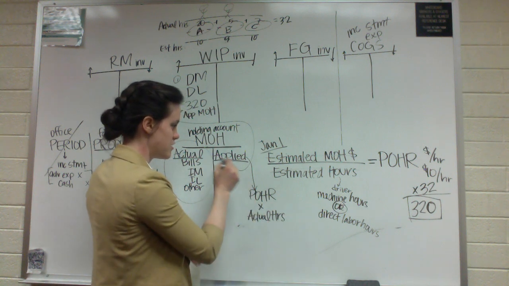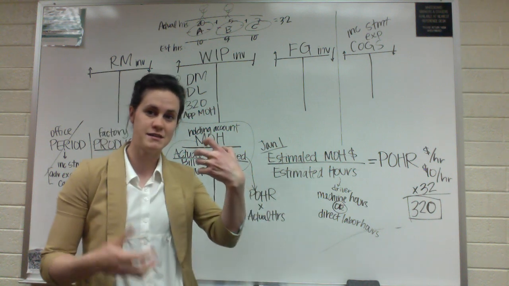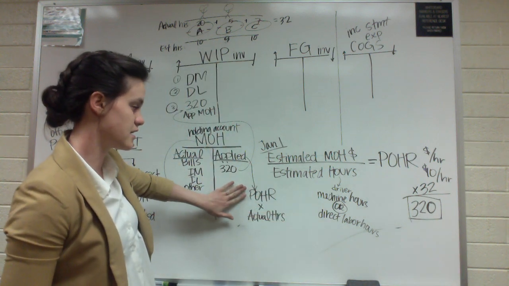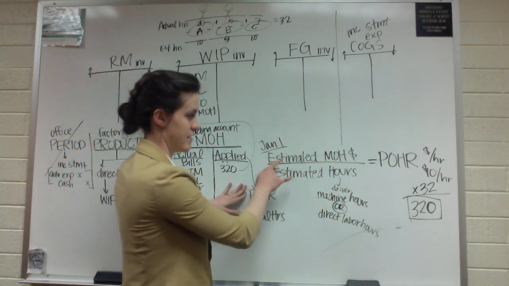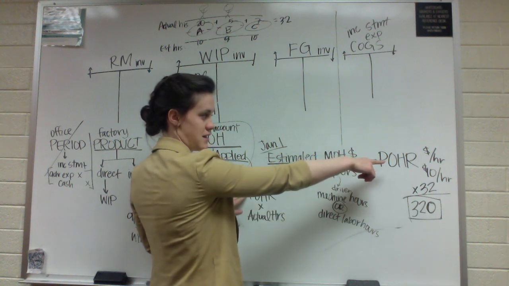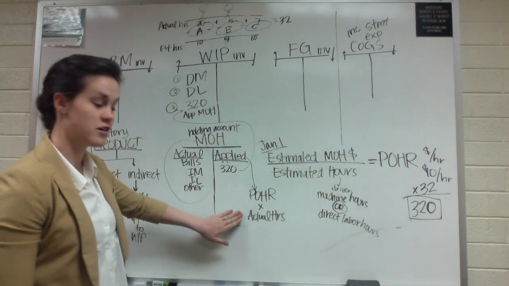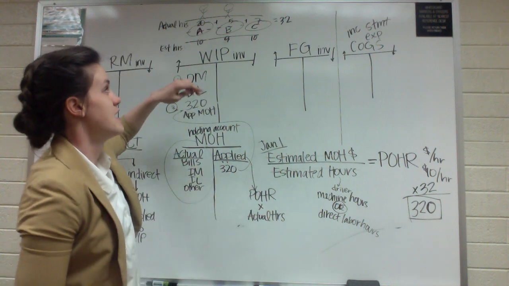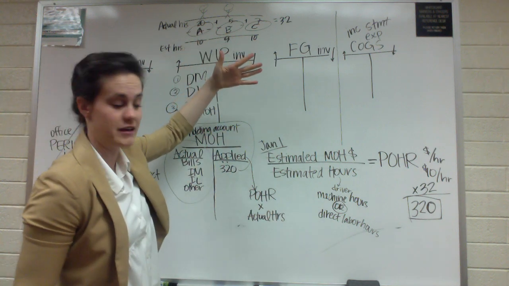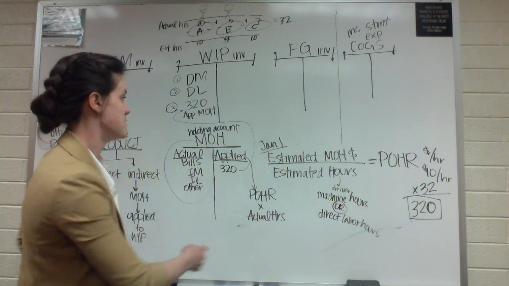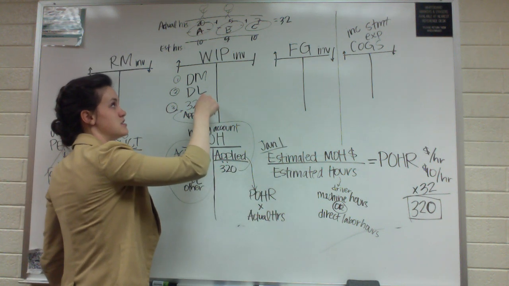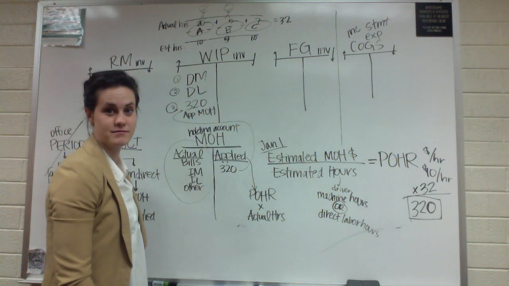But your applied number is where your estimates and your actual meet, okay? So your estimates are contained in this predetermined overhead rate. Remember, you took the estimate over the estimate to get there. Now you're going to multiply that by the actual hours that are happening on your belt, because that's going to allocate them more appropriately. And that's going to give you how much you're going to actually apply into this WIP account.